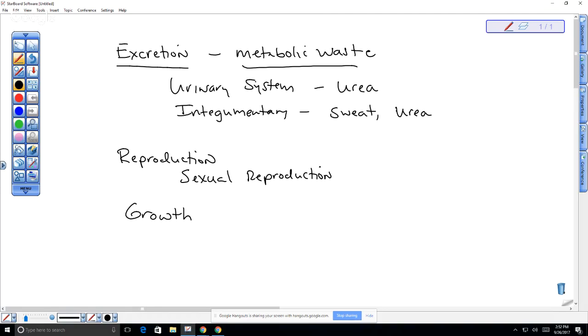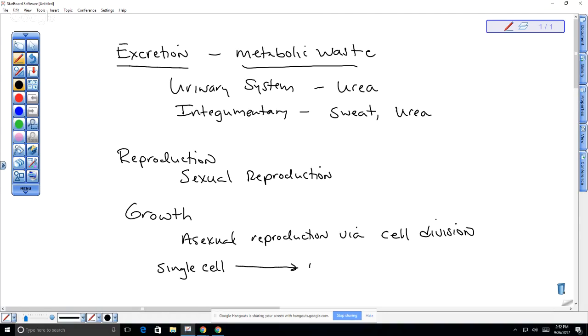And so when we look at growth, we actually look at asexual reproduction via cell division. Okay, so you start out as a single cell and you become a multicellular adult.